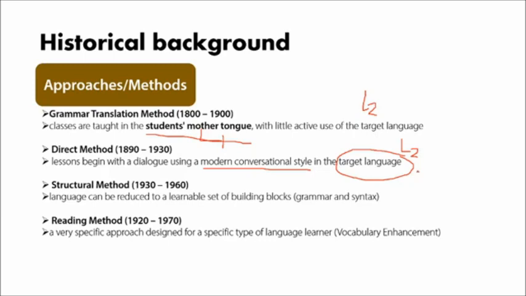Okay, we have here the reading method that emerged from 1920 to 1970. This is a very specific method designed for a specific type of learner. So the main purpose of this method is to enhance vocabulary. The type of student that most appreciates this method probably never intends to interact with native speakers in the target language.